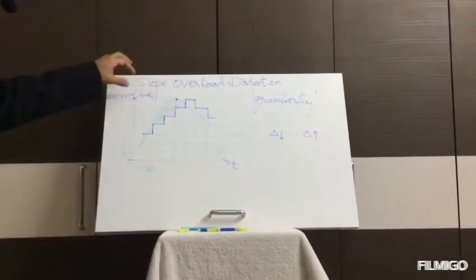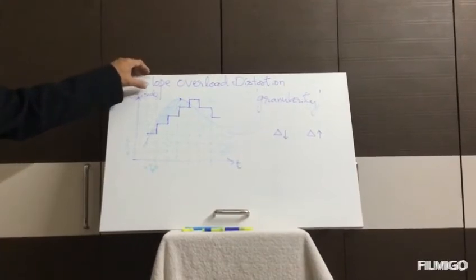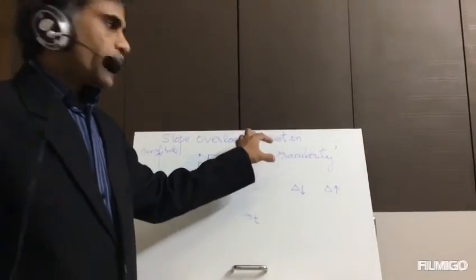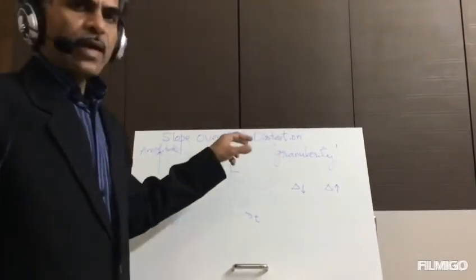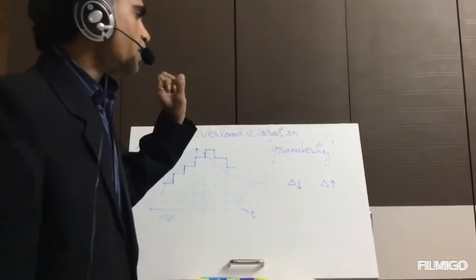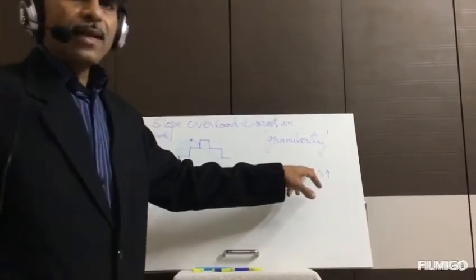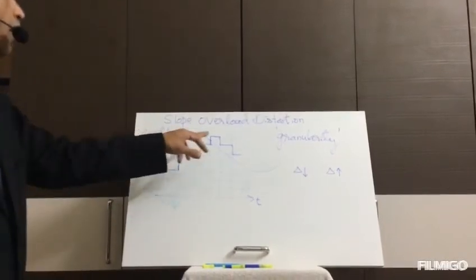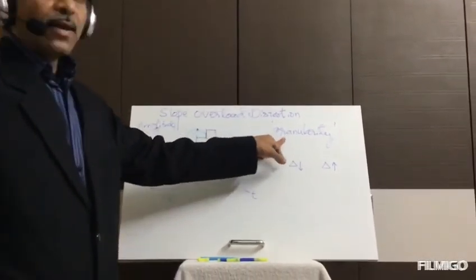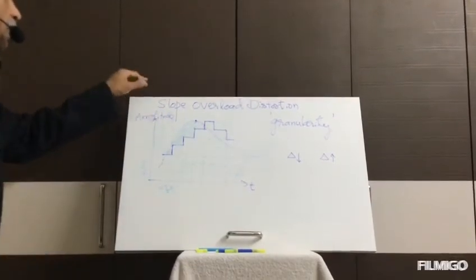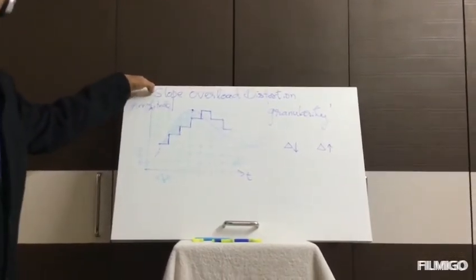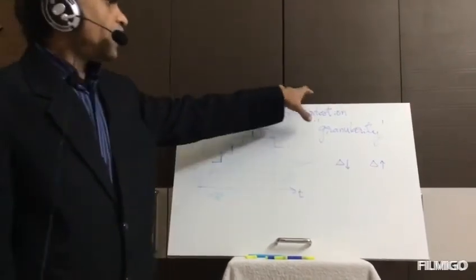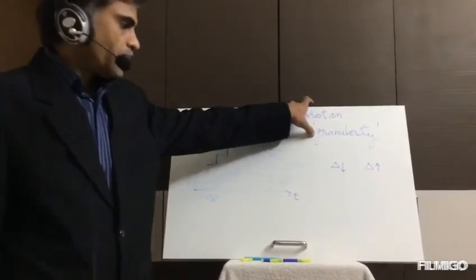But the degree of impact of slope overload distortion is less compared to that of granular noise. Hence, we have to take care of granular noise, thereby keeping this delta value or step size under control. Therefore, we can overcome granular noise while facing the slope overload distortion, because the impact of slope overload distortion is less compared to the impact of granular noise.